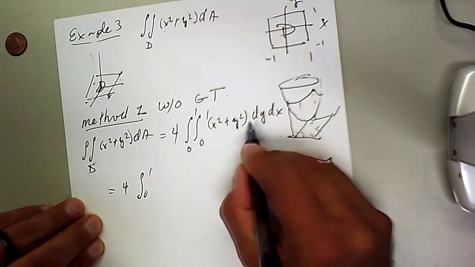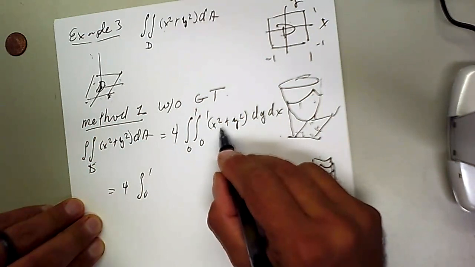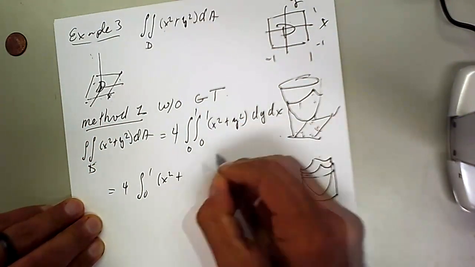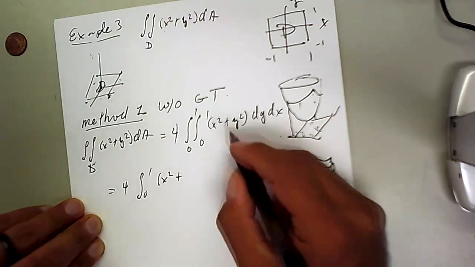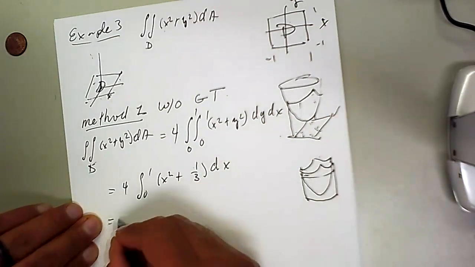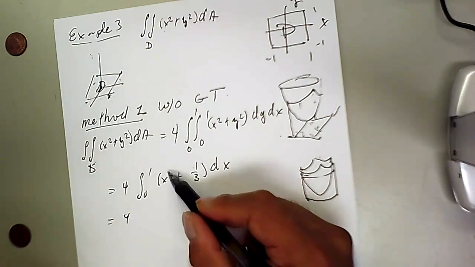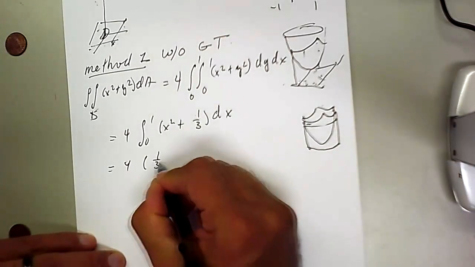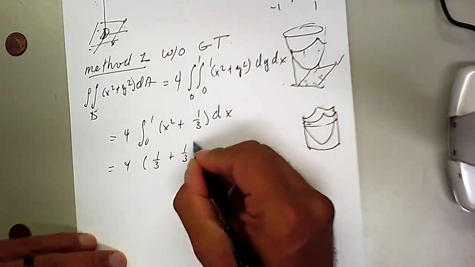The integral of this with respect to y is x squared y. As y goes from 0 to 1, we have x squared plus y cubed over 3 from 0 to 1, 1/3, dx. 4 times x cubed over 3 from 0 to 1, that's going to give us 1/3, plus 1/3.